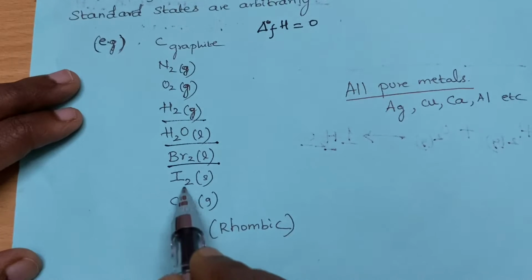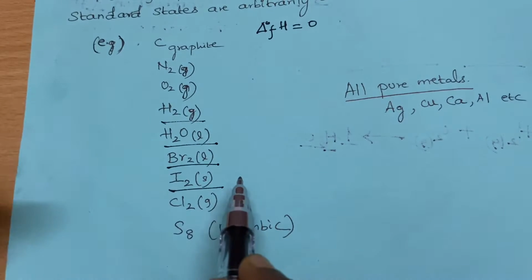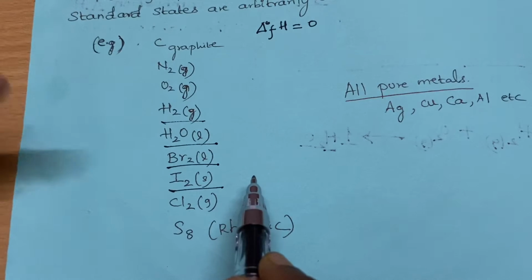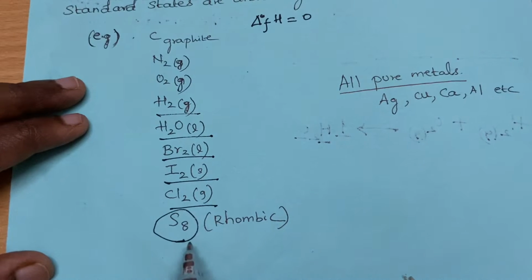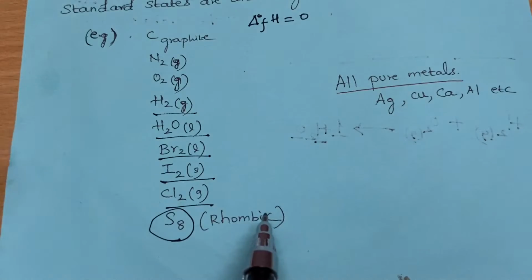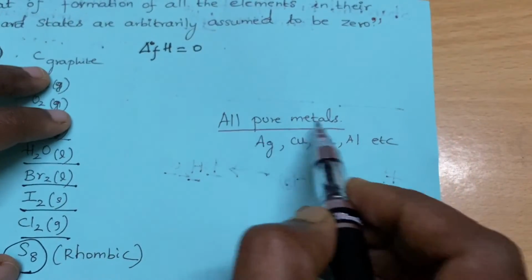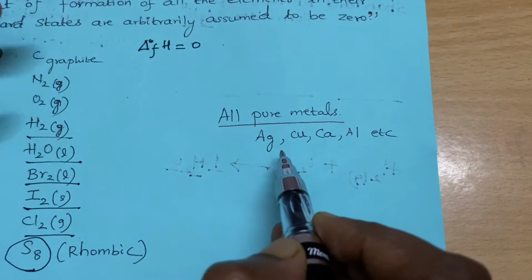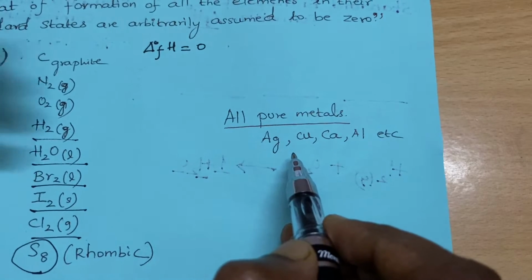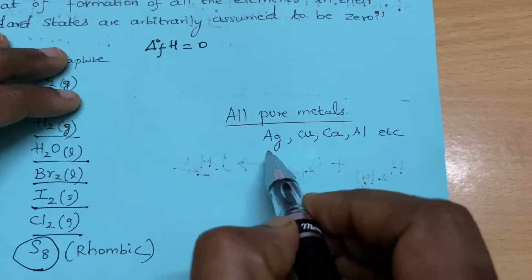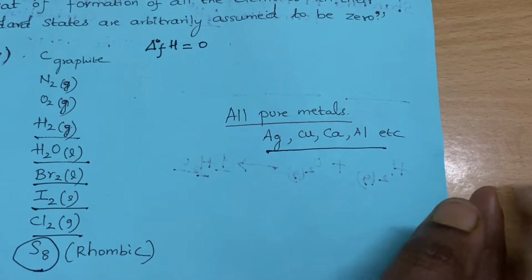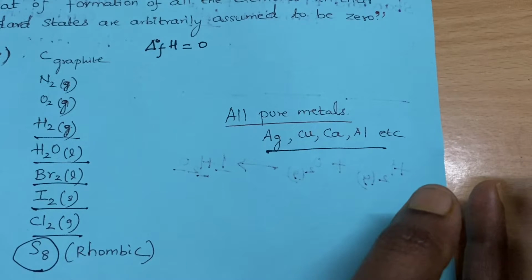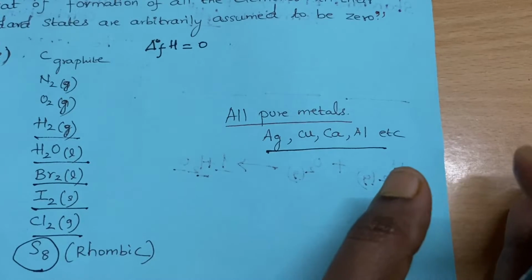You have to remember this. Iodine solid, not liquid or gas. Then chlorine gas, then S8 sulfur in rhombic form and not orthorhombic form. Then all pure metals, not in the form of alloys or salts, we take as 0. For example, silver, copper, calcium, aluminium, sodium. We have to take them as 0.